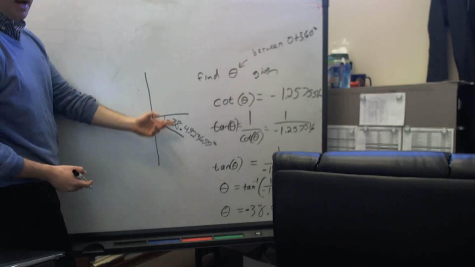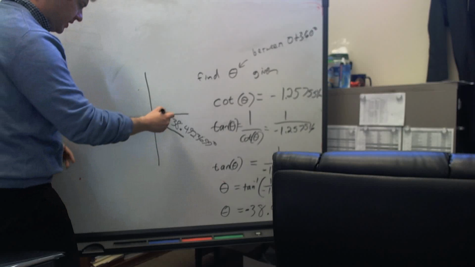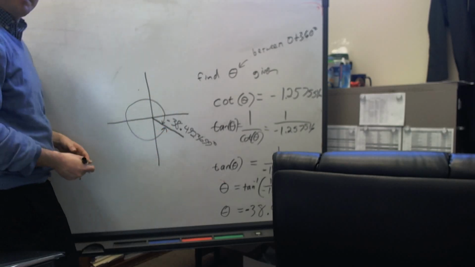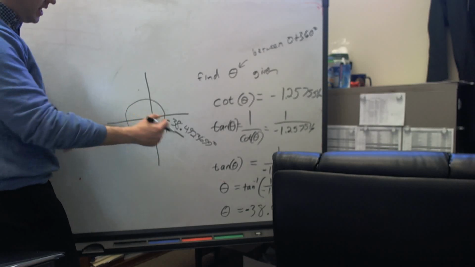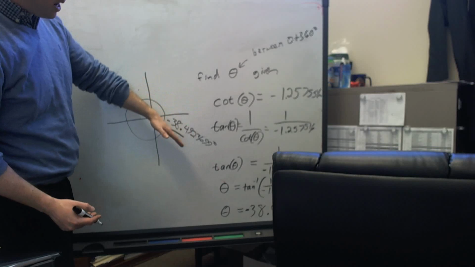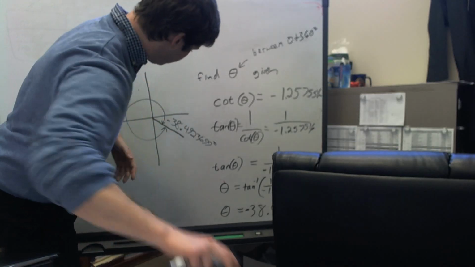Now, can I find a corresponding angle between 0 and 360? You bet. That angle right there. They both have the same terminal side. Now, what is that angle? It's 360 minus that 38 degrees.